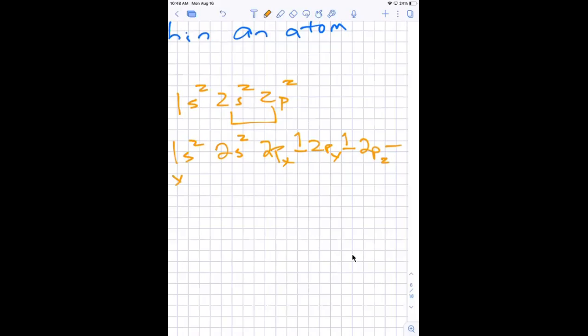Am I right? Yes. So how many unpaired electrons do I have? Two. So in theory, carbon should only be able to make two bonds. Is that right? Because it only has two unpaired electrons.